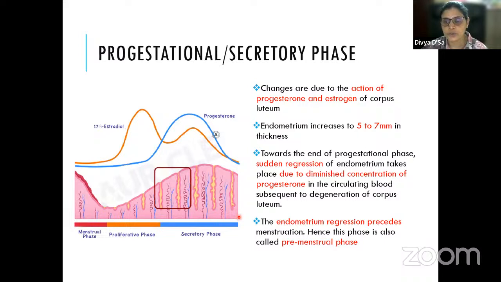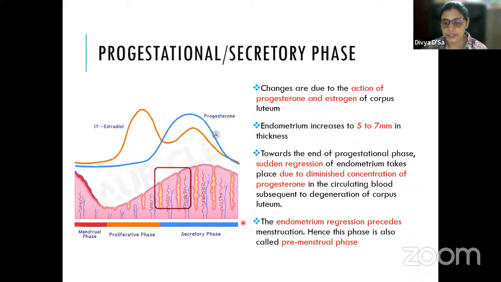The progesterone level decreases in the circulating blood, basically because of the degeneration of the corpus luteum. That happens towards the end of the secretory phase, about 26 to 28 days from the first day of the menstrual cycle.